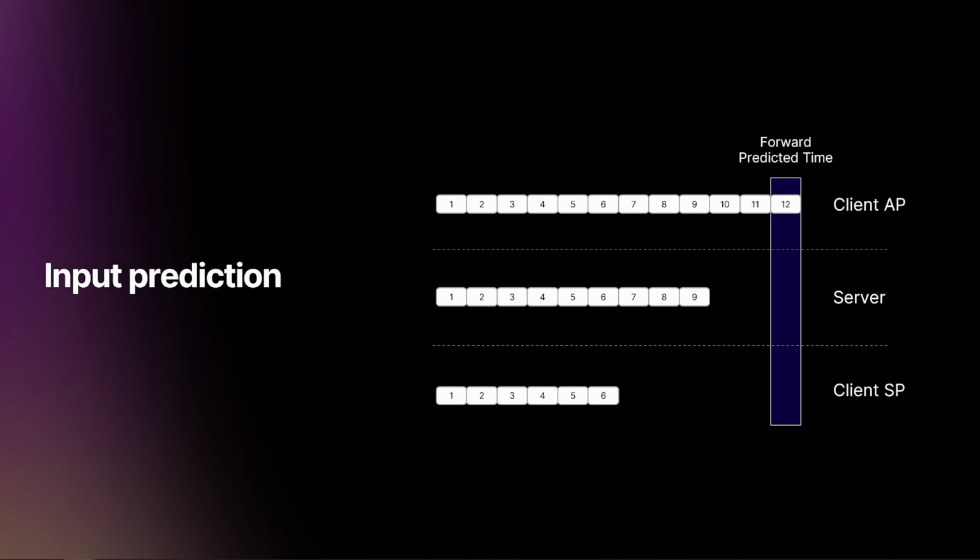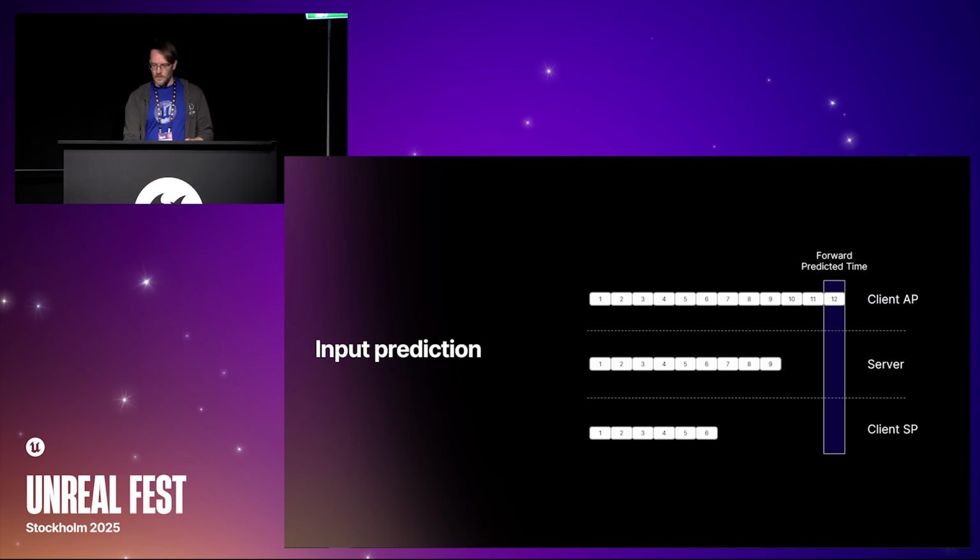So at the top, we have the client autonomous proxy, your local player, then the server, and then the client simulated proxy, my player on someone else's computer. So the autonomous proxy at the top produces its input. It has the latest input, 12, but it takes time to send inputs to the server. So the server has, at this point in time, only received input 9, and the server sends it to sim proxies, and that also takes time. So the sim proxy has only received input 6.